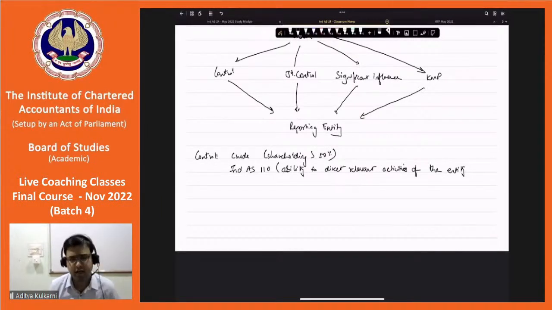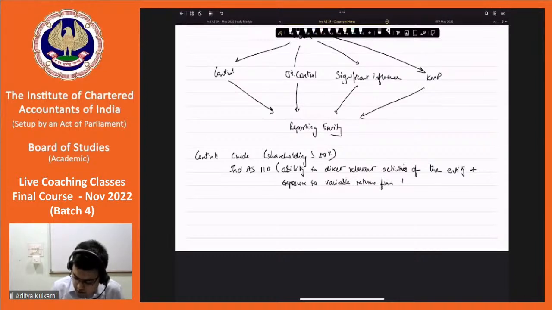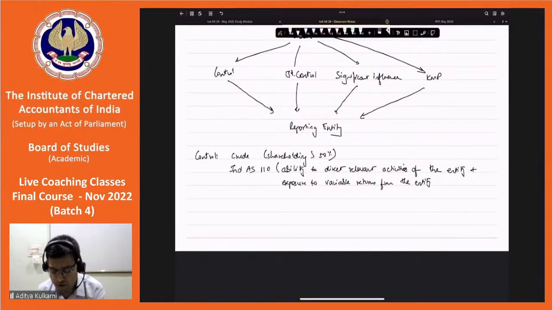Okay, so ability to direct relevant activities plus exposure to variable returns from the entity. What do you mean by variable returns? Basically, that means your profit.